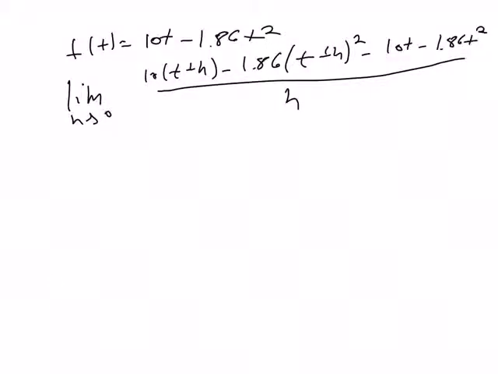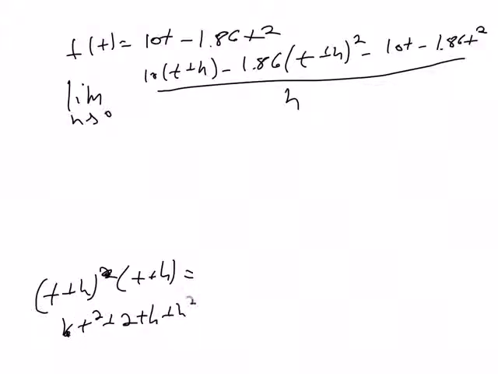So now we know t plus h squared is equal to t squared plus 2th plus h squared.